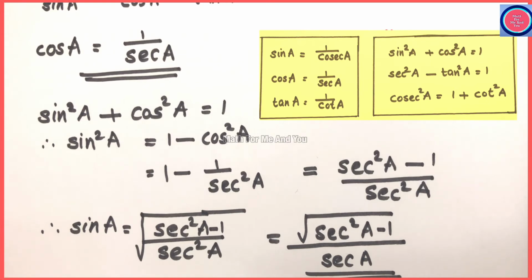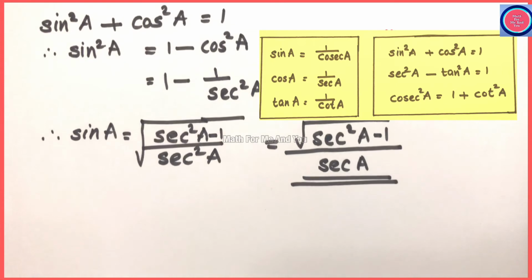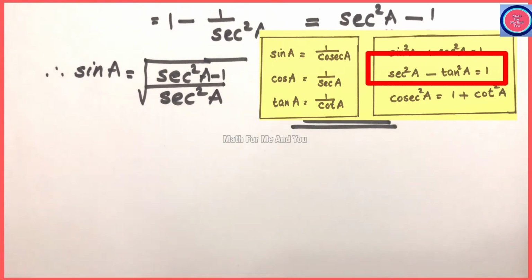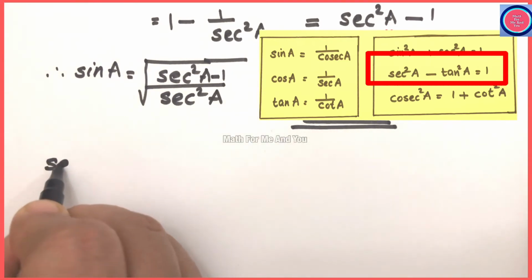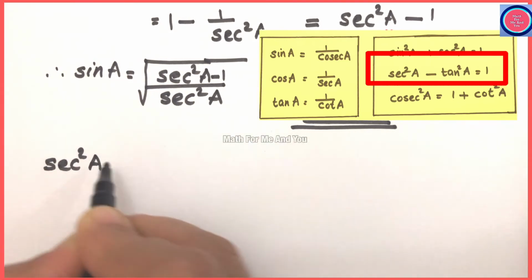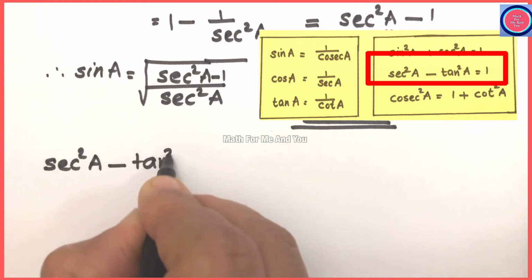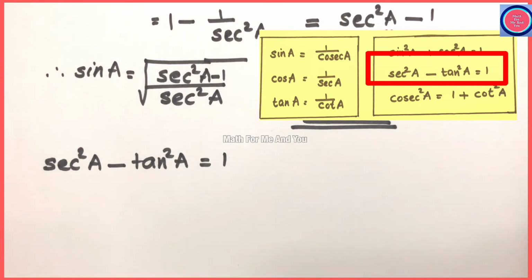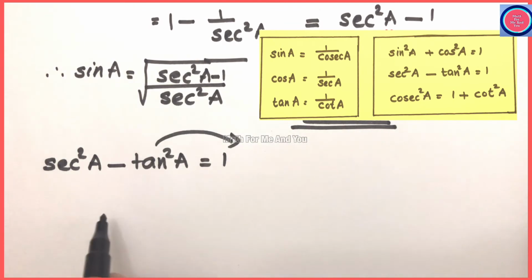Next we can change tan in terms of sec A. There is a relationship between sec and tan. The relationship is sec square minus tan square is equal to 1. So we use that identity: sec square A minus tan square A is equal to 1. What we need is tan square in terms of sec square, so we keep tan square on one side.